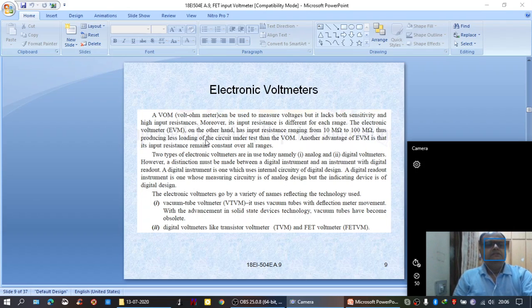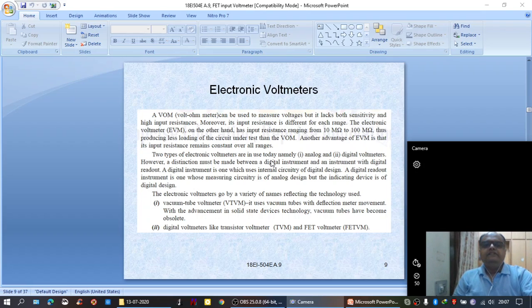That is why we have to be careful about measurements in high resistance circuits, because a loading problem may occur and the measured quantity may be in error by a substantial value.